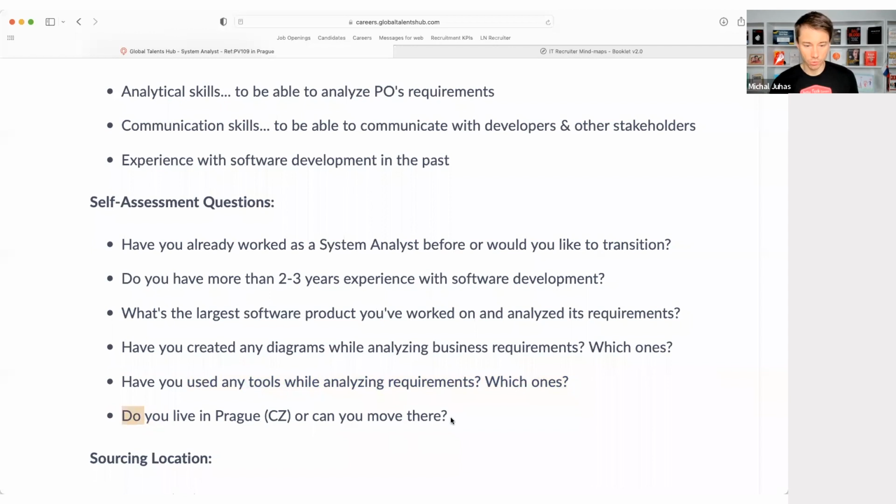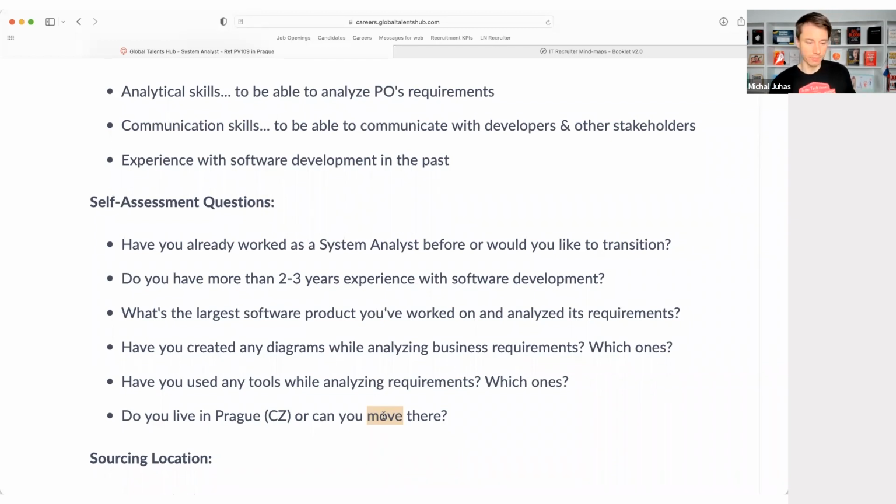Do you live in Prague, or can you move there? Sometimes you can see, or can you relocate there? But in this case, it is move, because they are not really open to relocating someone from the other side of the world, from Brazil or from I don't know, from Estonia or from Russia or from India. It's just an on-site role.